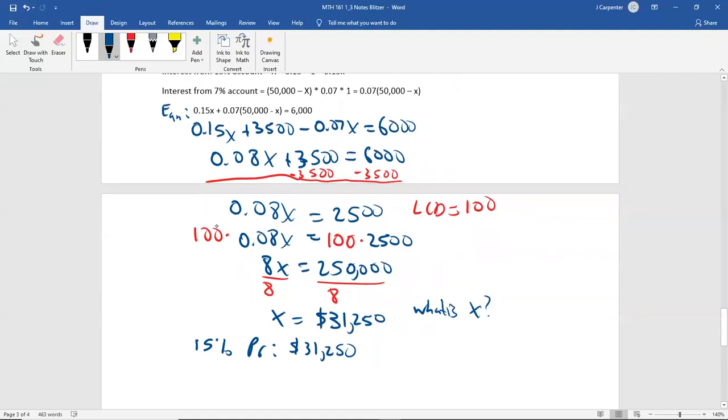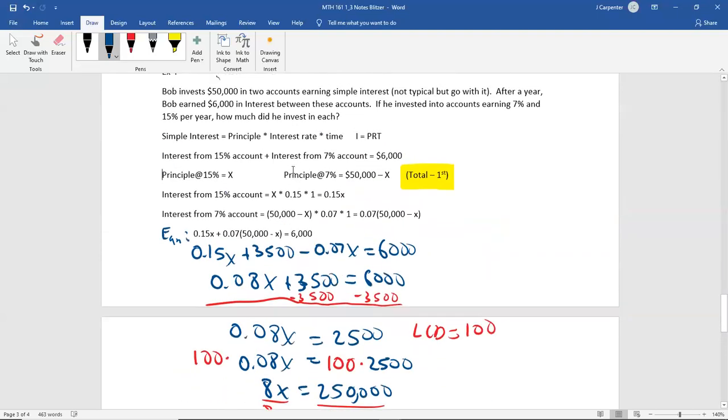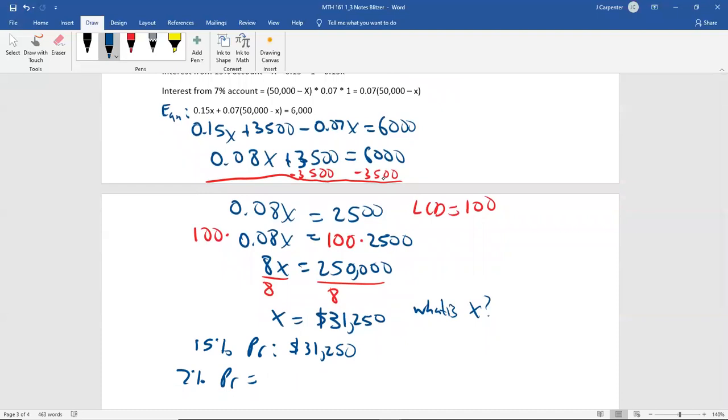But that's not the only thing we need. We also need the 7% principal. So how do we find that? Well, it was 50,000 minus x because they have to add up to 50,000. And if you do 50,000 minus 31,250, you'll get $18,750. So those are our two answers.